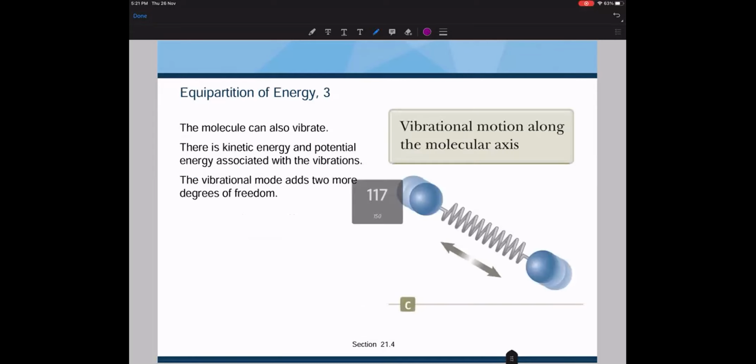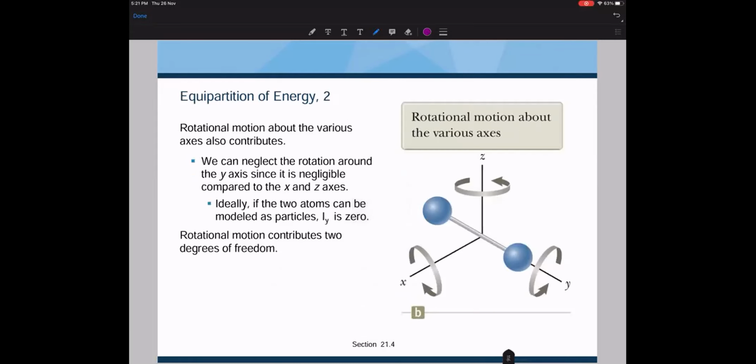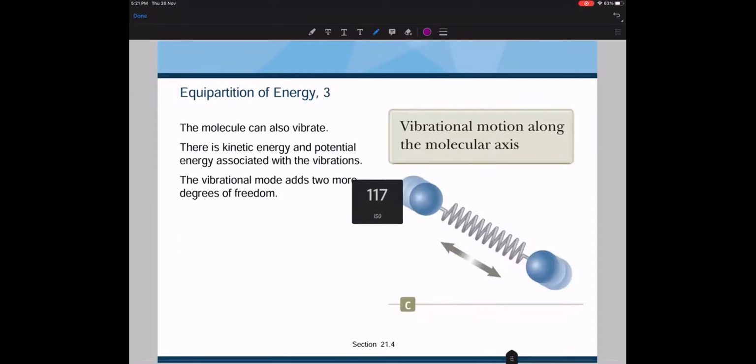Rotation about the X and Z axis would contribute to the rotational kinetic energy because I is significant. Rotation about the Y axis is not significant because of the small value of the moment of inertia. So 2 degrees of freedom for the rotational motion.